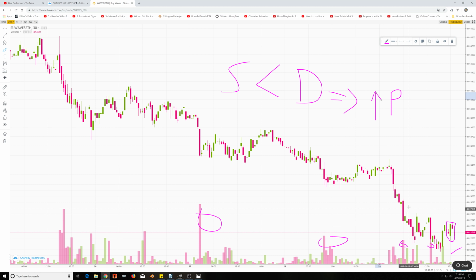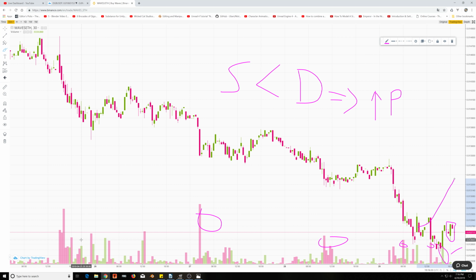There's your formula, okay? So we'll see, but that one little candle there is quite interesting. And it has a nice green, which means it's like a continuation volume or an increase. So we'll see.